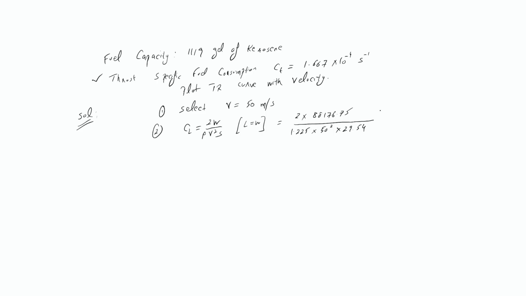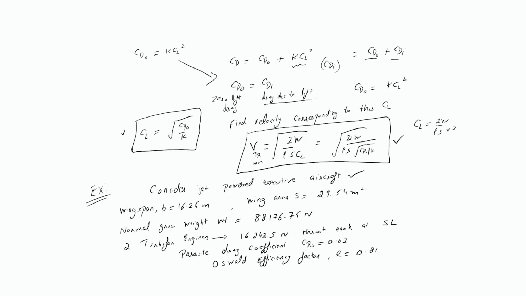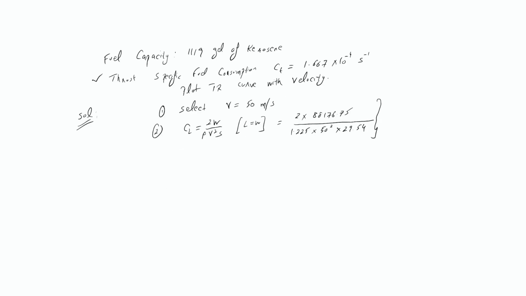Now here, is the dimension correct? In one of the classes I have discussed units. Here weight is already given in newtons. Had it been given in kilogram, you would have to convert it to newtons. Otherwise, you will not get CL as a dimensionless number.